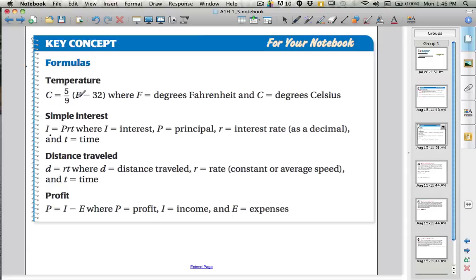In this case, Fahrenheit has been made the input variable and Celsius is the output variable. I can manipulate this equation to change that around so that it's made to input Celsius and get out Fahrenheit. So these formulas are great and important, but they can also be reworked to suit whatever situation you're in.